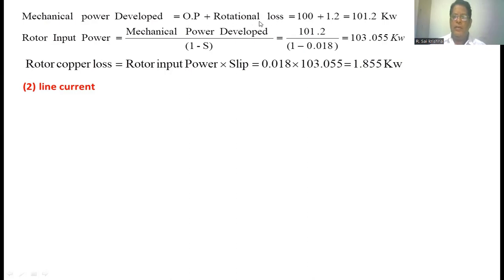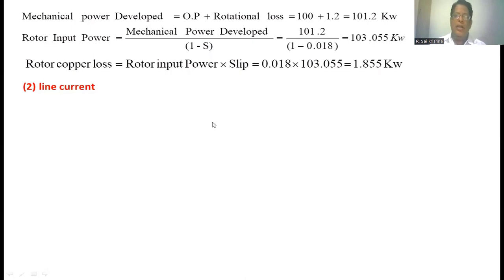These two values are given, so substituting them, we get 101.2 kilowatt. Input power equals mechanical power developed divided by (1 minus S). Substituting all the values, we get 103.055 kilowatt. The rotor copper loss equals rotor input power into slip of the induction motor. Substituting all the values, we get 1.855 kilowatt.